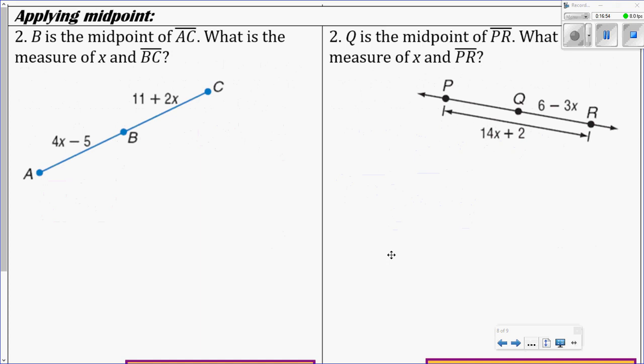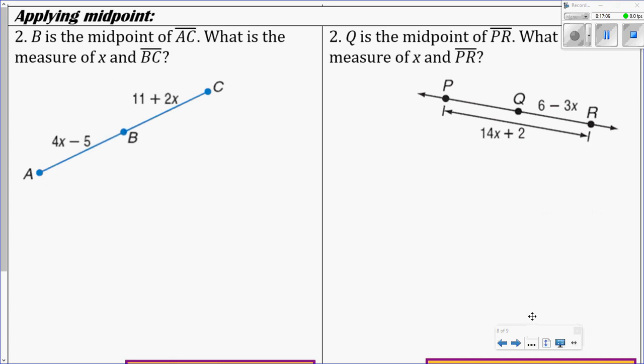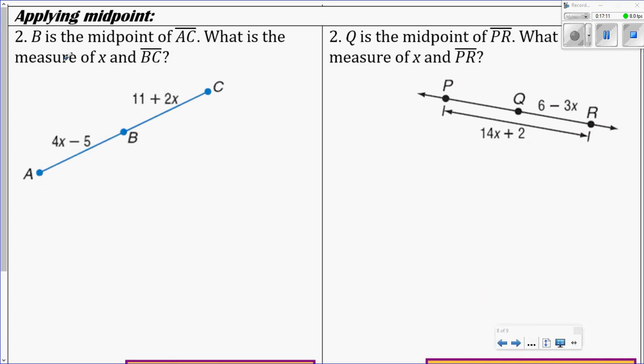So now we're going to apply the midpoint formula, but now we have expressions. We're going to have to solve for x and solve for whatever segment they're asking us to find. So this is where you need to pay attention because you're looking for two things. B is the midpoint of AC. What is the measure of x? And what is the measure of segment BC? Two things. So we have the midpoint.